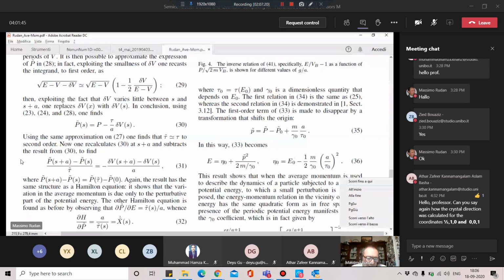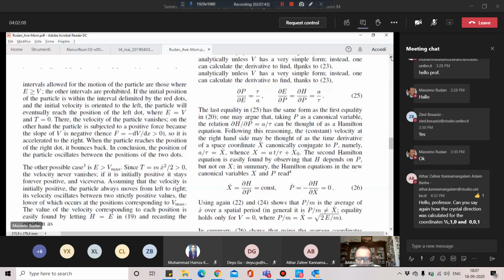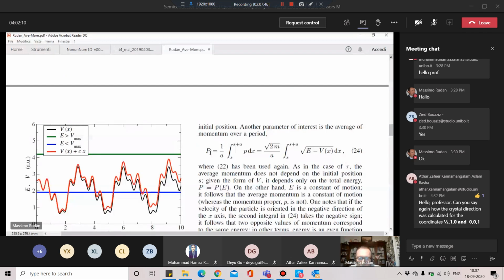Actually, there is one thing that is left of the crystal. You remember when we calculated integral 24, okay, you remember we said the relation between energy and average momentum will not be quadratic anymore, because it is much more complicated due to the integral and the other quantities that you see here, okay?